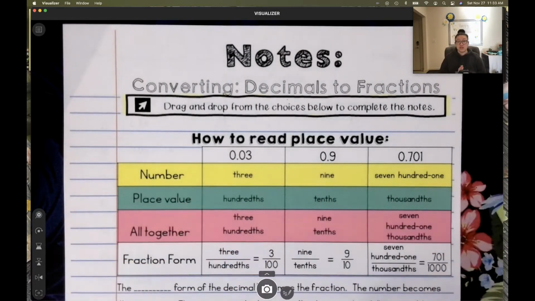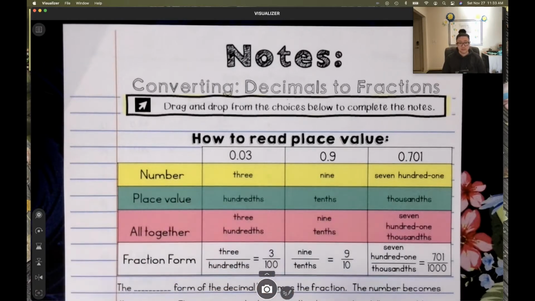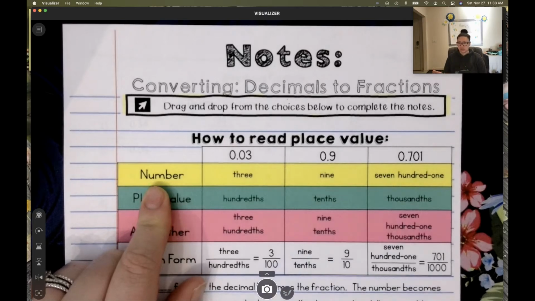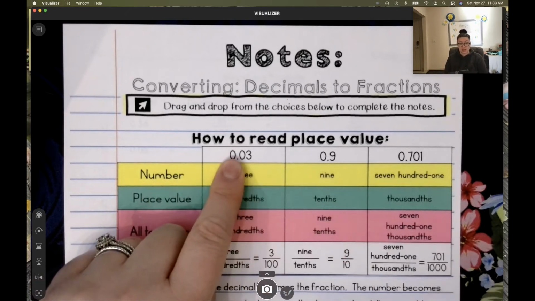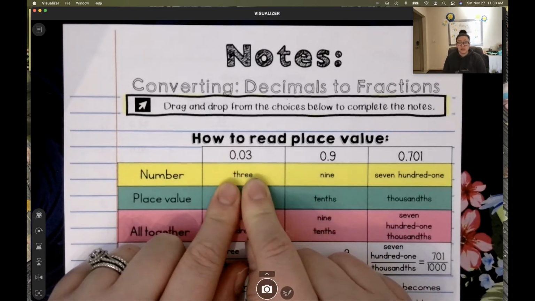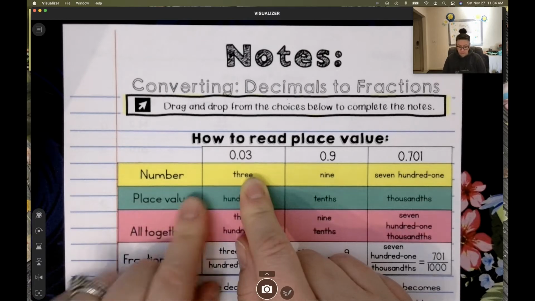The way that we turn a decimal into a fraction is we have these 3 steps. First, we look at the number and pretend the decimal isn't there. If I pretend that decimal's not there, I just have the number 3. Now I need my place value.